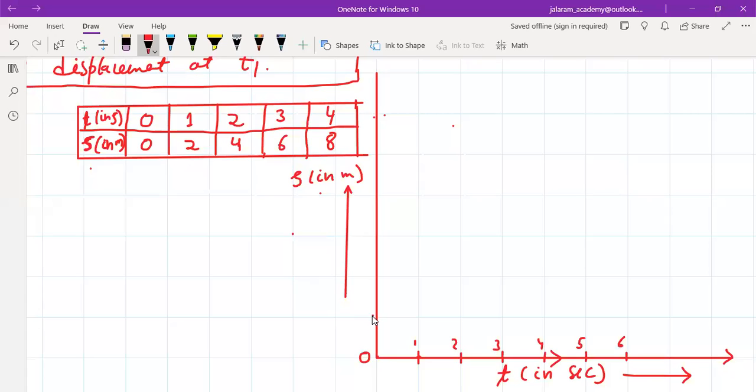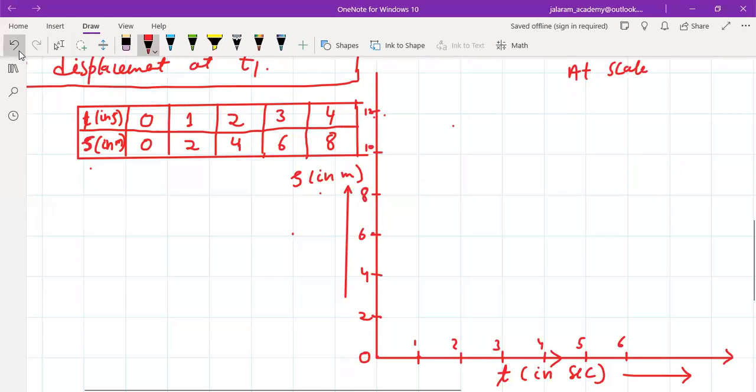So I have given a simple graph, 2, 4, 6, 8, by a difference of 2 for each 1 second, for each 1 division. And you have to write the scale also.